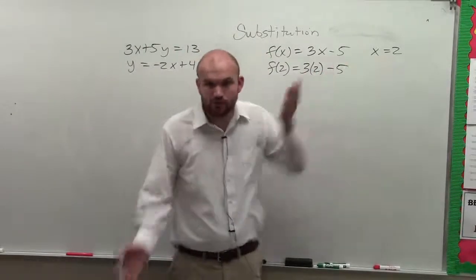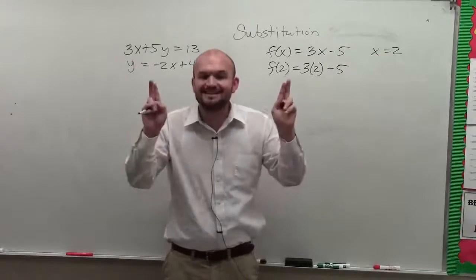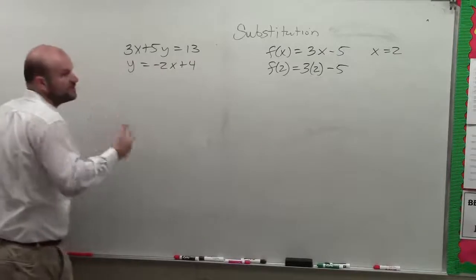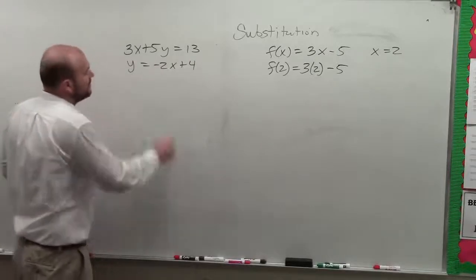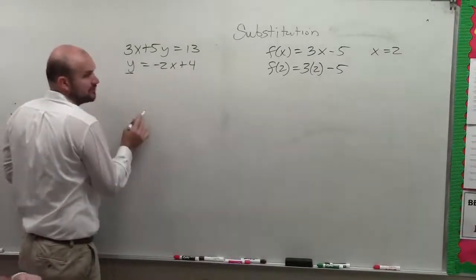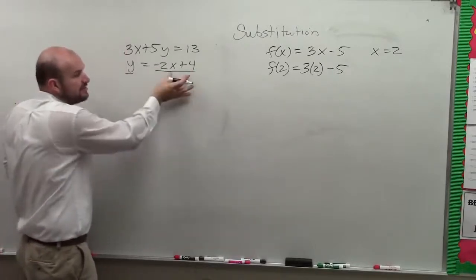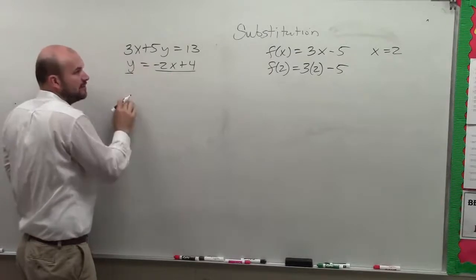You could replace them or substitute one for the other, correct? Now we're doing something very, very similar. Now y is not equal to a number, but it's equal to an expression. But we can still substitute in that expression in for the variable.